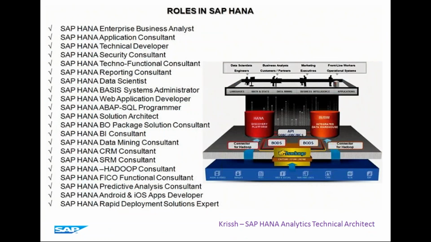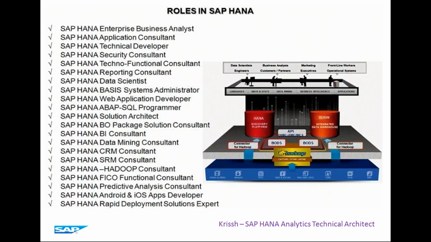Now the industry has multiple roles for HANA. SAP HANA Enterprise Business Analyst, who will give the requirements for developers, analyze business, get the business requirements, and put together functional specs. All those guys.